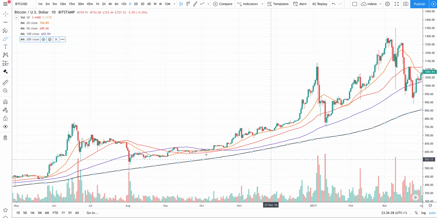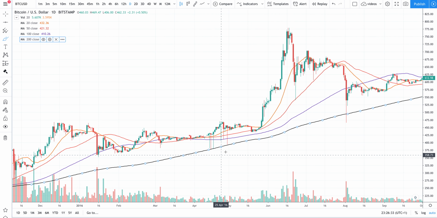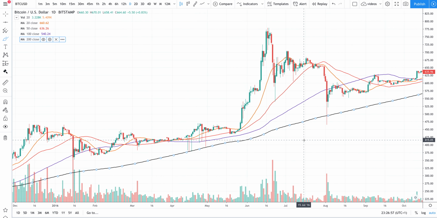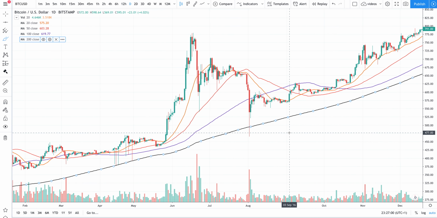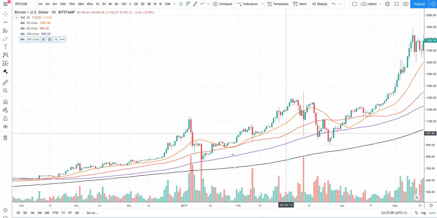As you can see, you can see some shadows here, but the 200 moving average usually was never broken. You can see only the shadows touching the 200 moving average. We don't see any candle with a close below this moving average. And for example, we can say that it's supporting price action upwards.